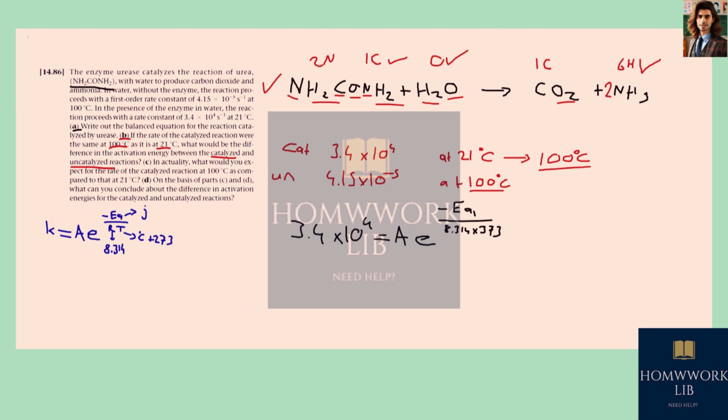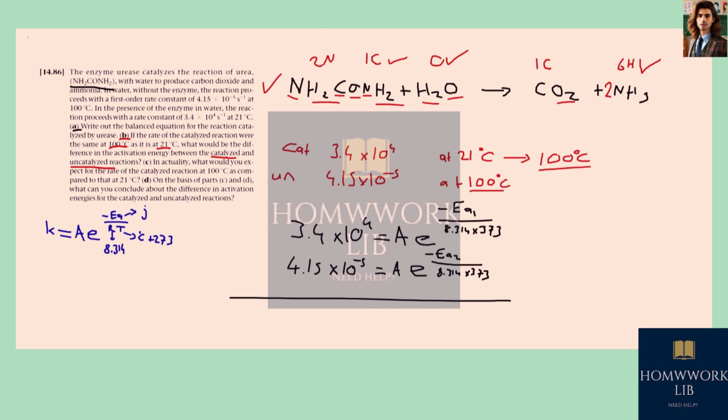And the other one, 4.15 times 10 to the power of negative 5 equals A e to the power of minus Ea2 divided by 8.314 times 373.